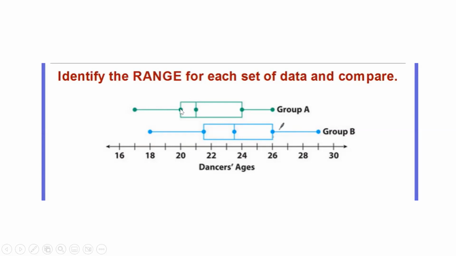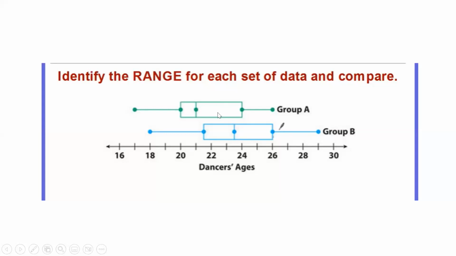So between Q1 and the minimum, you can see that here there is more variability. It's less concentrated, right? But between Q1 and the median, which is Q2, the data is more concentrated. Now, between Q2 and Q3, you can see that the data is less concentrated.